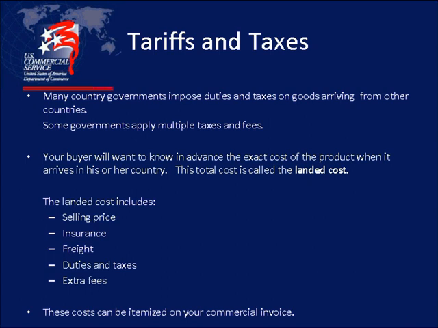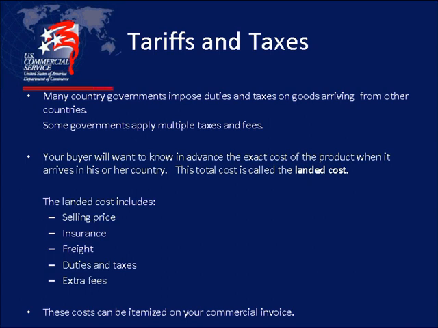Okay, so many countries impose duties and taxes on items that are coming into their country, and some governments apply multiple taxes and fees. In some cases, it's just two. One of them is the duty, and the other one is a sales tax.